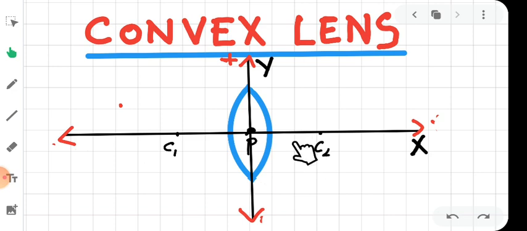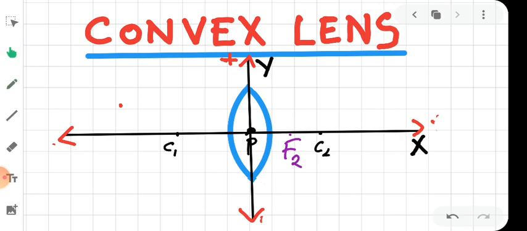Follow me. Look at the pointer cursor. If the incident ray is on this side, it will go through and move on to the focus if it is running parallel to the principal axis. So there is a focus here. I will call it F2. Why? In a minute you will know.